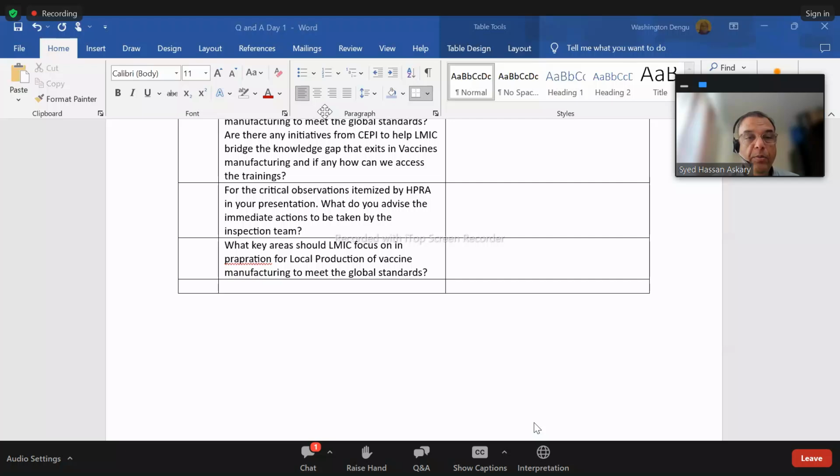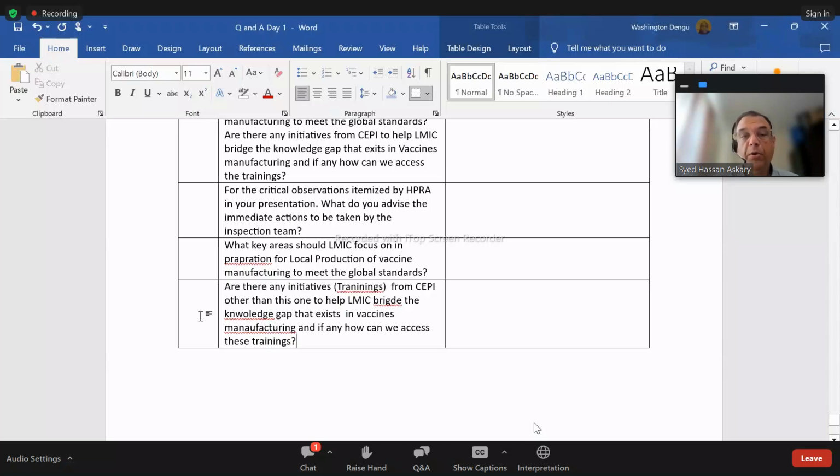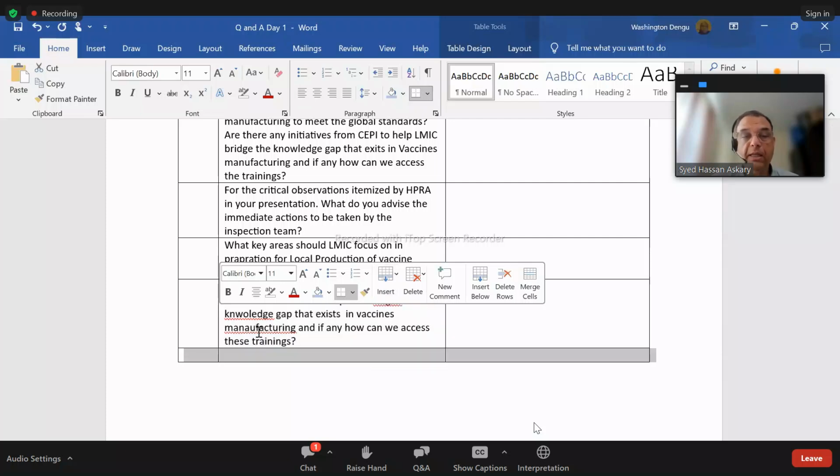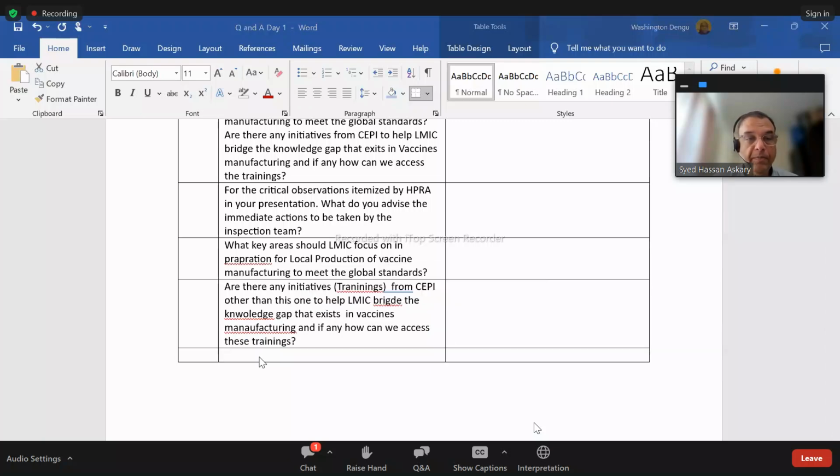What key areas should LMIC focus on in preparation for local production of vaccine manufacturing to meet the global standards? You can see in the themes from the observations that there are quality systems, quality assurance, production management, equipment and production facility validation. There are a lot of key area themes.